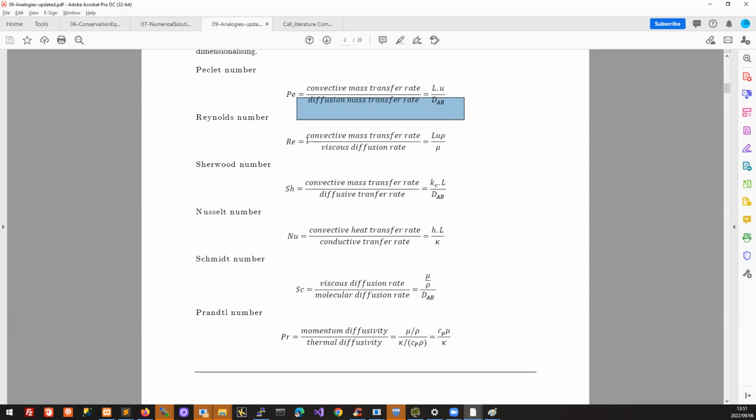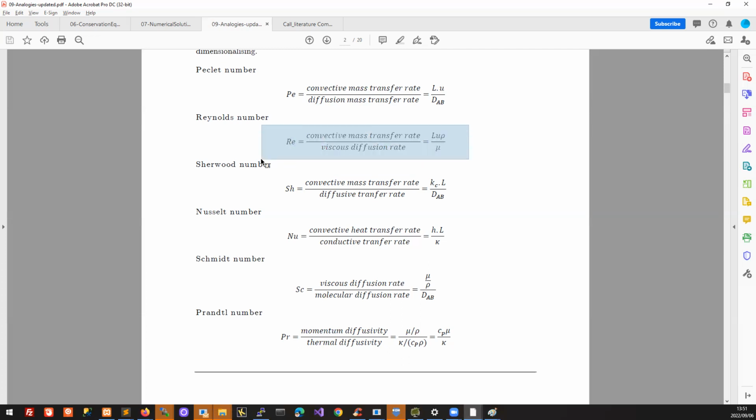You can also compute the Reynolds number. The Reynolds number, again, is defined as the competition between convection flux and your viscous flux. So how fast is your fluid diffusing its velocity, right? Viscosity is how fast your velocity diffuses away.